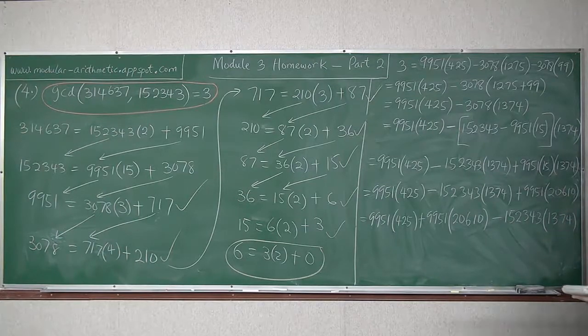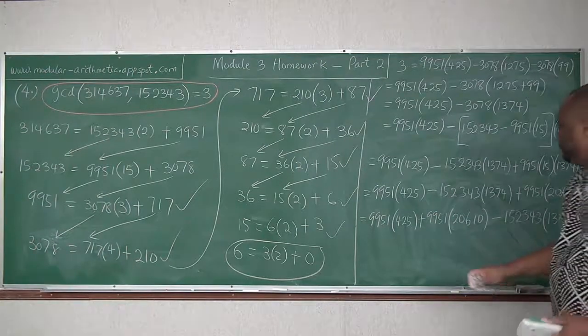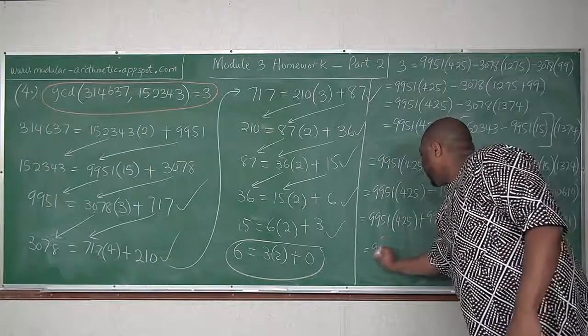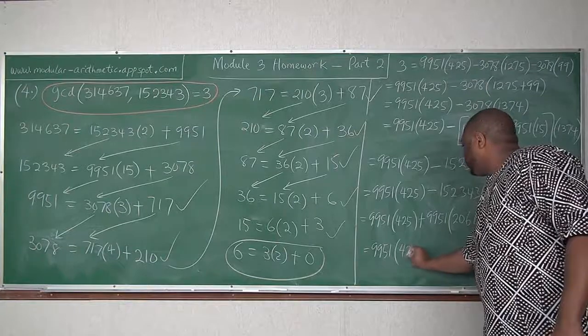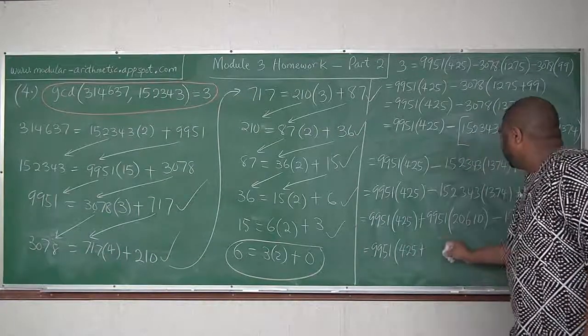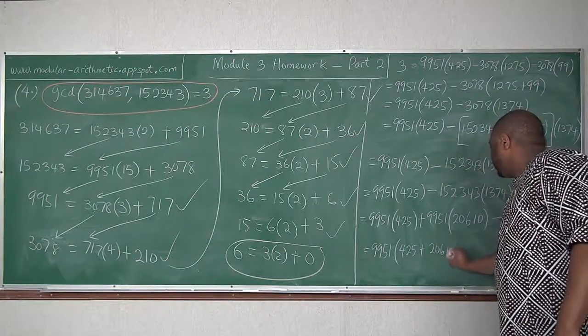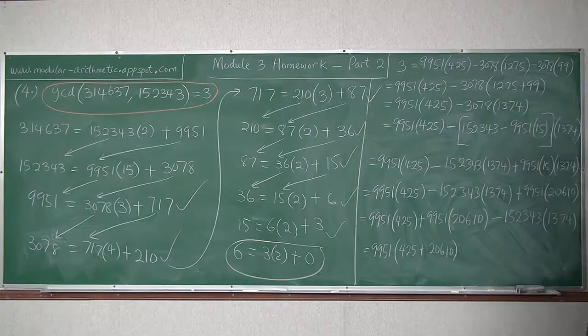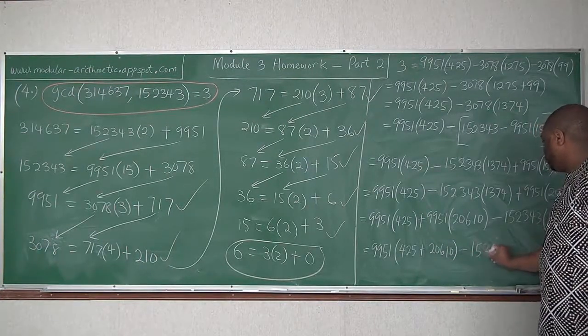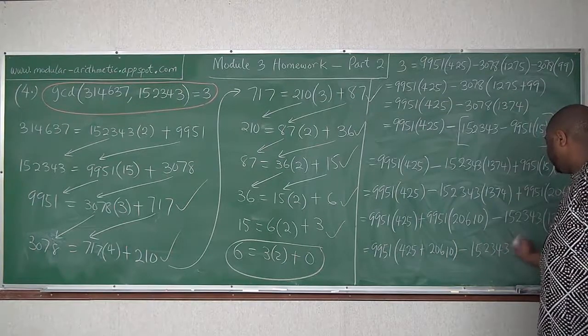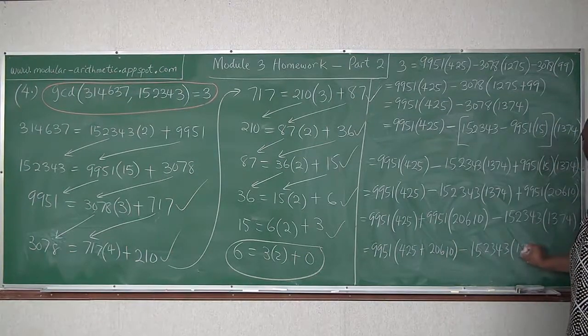Okay? We factor by GCF. This is 9951 times 425 plus 20610 minus 152343 times 1374.